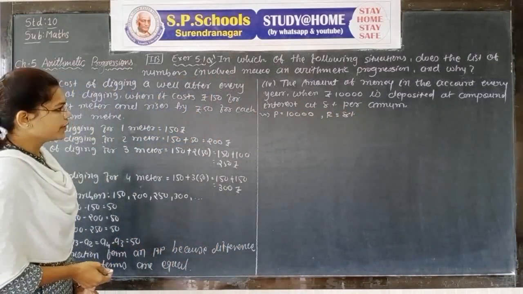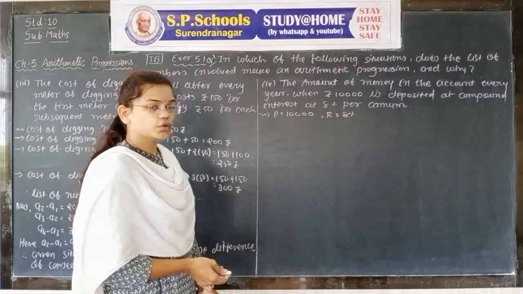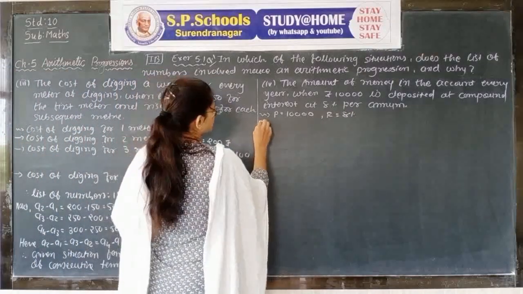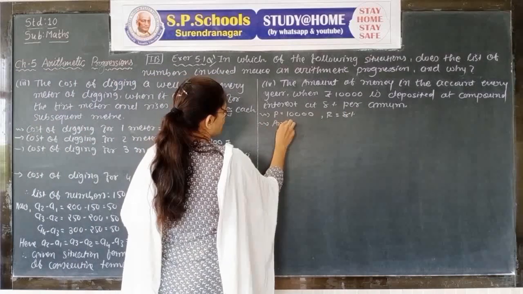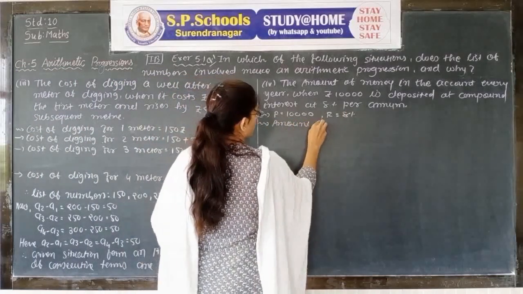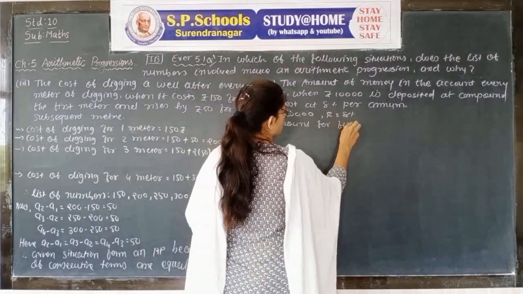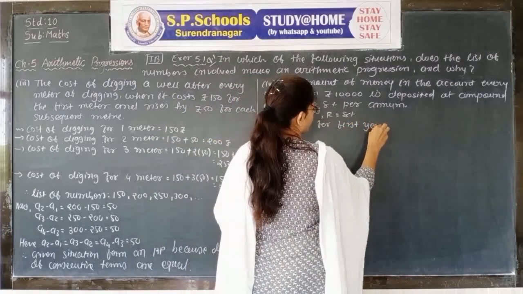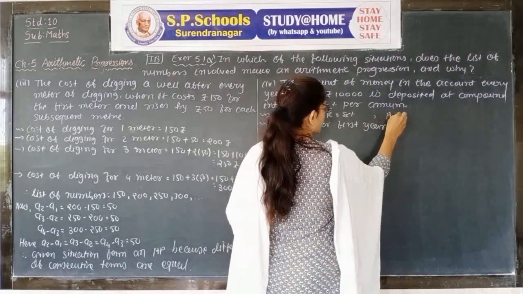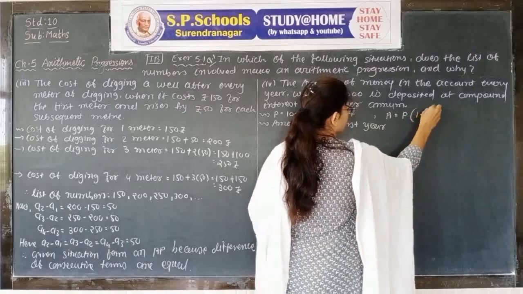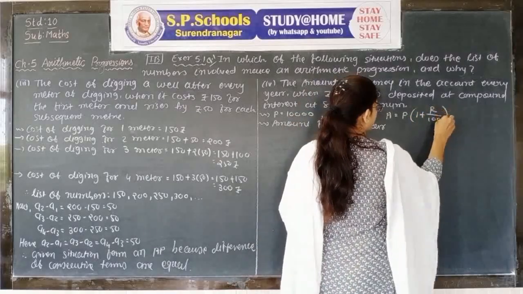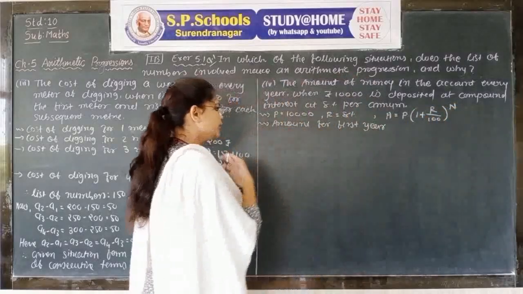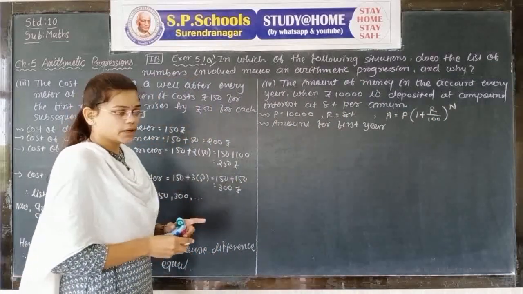Here we need to find the amount for each and every year. Amount for the first year: as we know, A is equal to P into bracket 1 plus R upon 100, power n. It is the formula to find the amount.